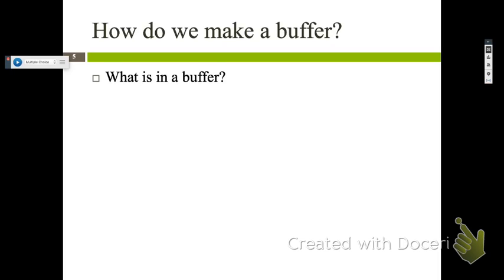Question number 2, which one was that? So with the wording that I wanted, which wasn't on there, is that 1 proton would consume 1 basic site. So go ahead and write down your definition of what is in a buffer. I also want you to write what does it do, and then we're going to talk about how you make it.